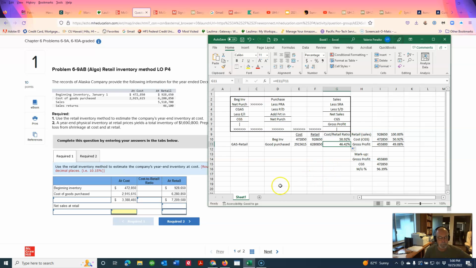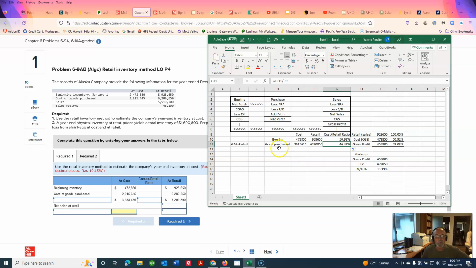Okay, so our ending inventory at retail is calculated by taking our goods available for sale at retail.